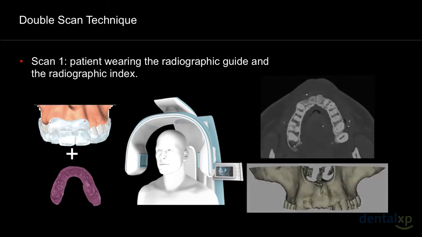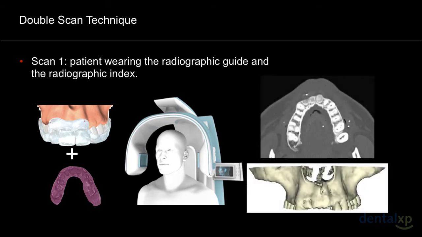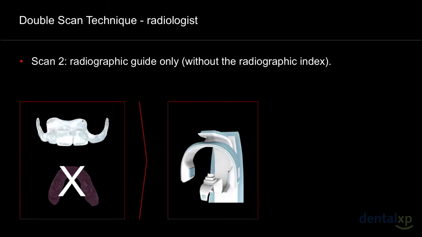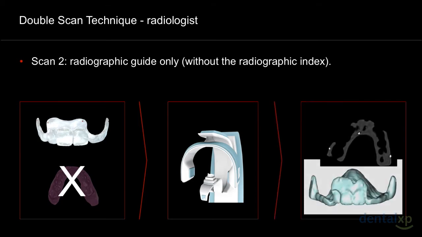The patient is scanned, and the information that we receive is the CT data of the anatomical positions of the patient, including the fiducial markers of the radiographic template. The second scan is of the radiographic template only, without the interocclusal index. And what we achieve is to see the diagnostic wax-up of the patient, where the planned restorative prosthesis should be, and also the radiographic markers, those fiducial markers.